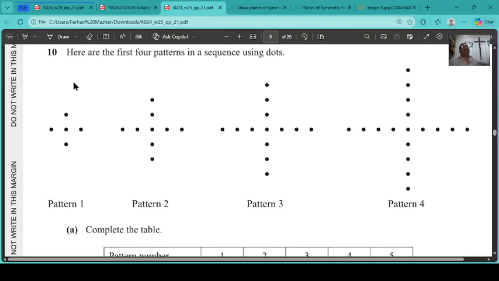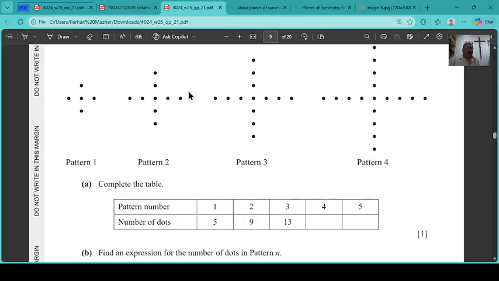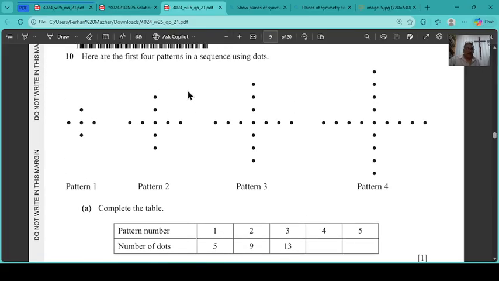Here are the first 4 patterns in a sequence using dots. We have pattern number 1, pattern number 2, pattern number 3, pattern number 4. Complete the table. Here we have a table, and they want me to complete it. In pattern number 1 we have 5 dots, in pattern number 2 we have 9 dots, in pattern number 3 we have 13 dots, and you can count these dots.